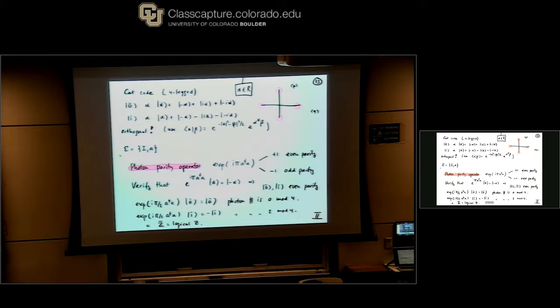Okay, so there are also cat codes, and the smallest non-trivial member of this cat code family is what's called a four-legged cat code, and we write four-legged because the zero state is proportional, I'm dropping the normalization, to a superposition of 4 coherent states.